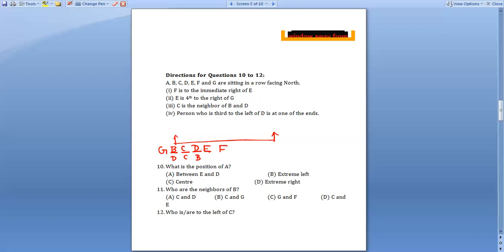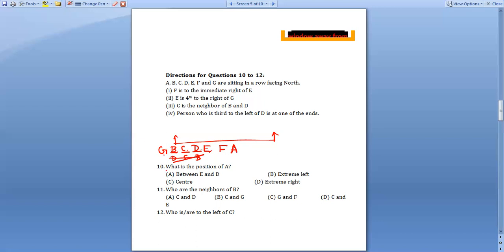Left of D, third to the left of D: 1, 2, 3. So it's obviously G. Now, they have given G is at one of the ends. So BCD is correct, not DCB. So it is G, B, C, D, E, F, and then comes A. So this is the required linear arrangement.